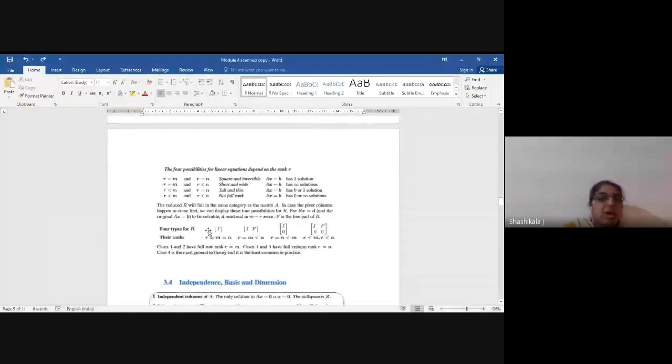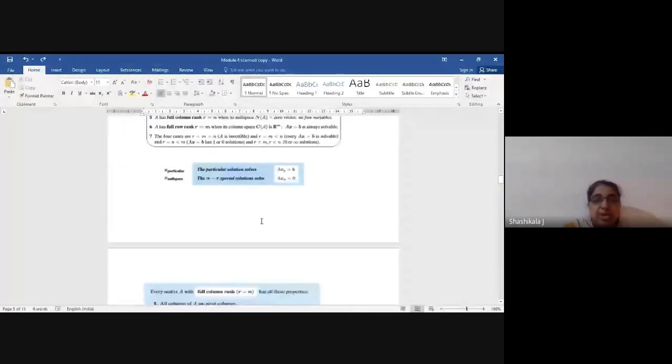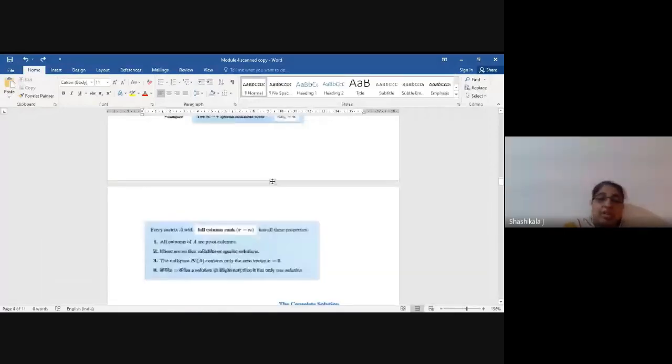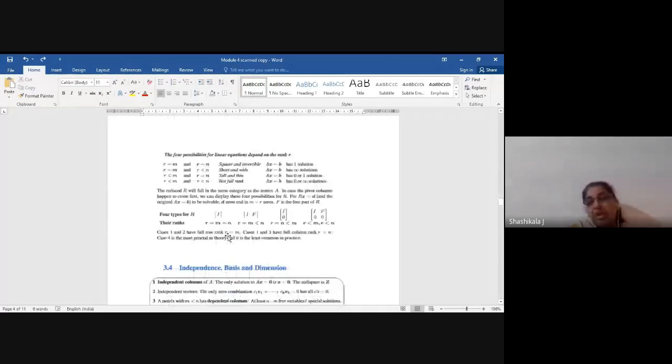When you row reduce the matrix, obviously you will get the identity matrix, 1 0 0 1. You can see this here, it is a row reduced matrix. Always you will get 0 1 and 0 0. That is what they have explained. If it is full rank, then you will get only the identity matrix.